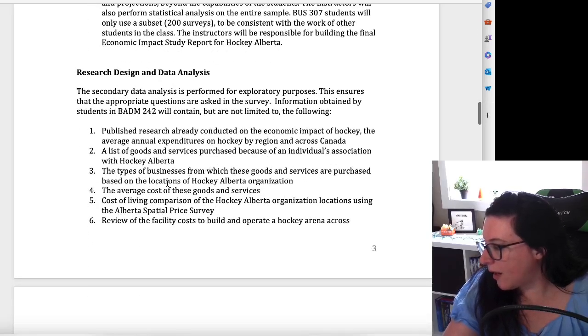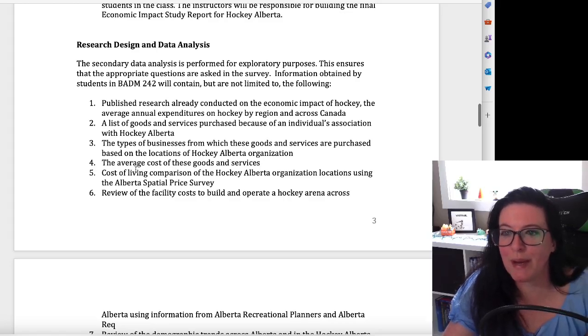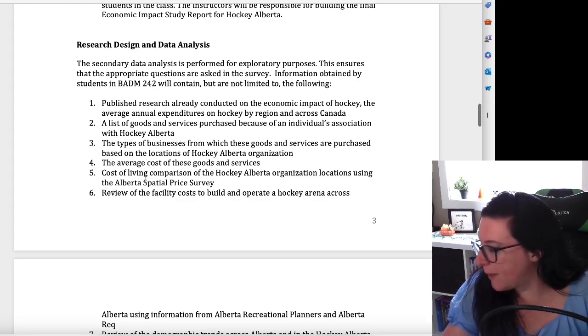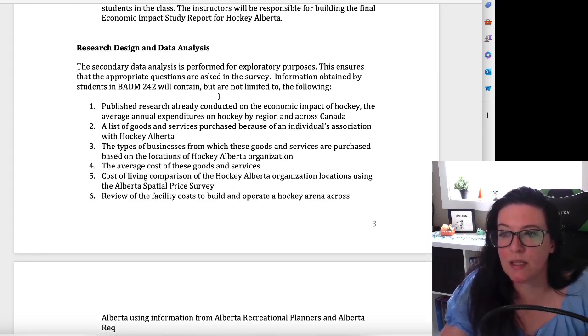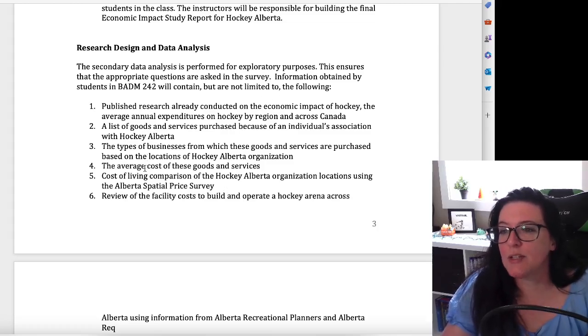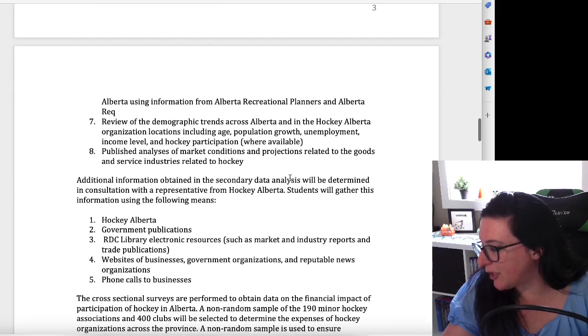And so here the secondary data analysis is going to include these particular sources of information. We're looking at measures of cost of living with the Alberta Spatial Price Survey. We're looking at published research related to the economic impact of hockey, maybe in other locations. And so these are the sources we're going to use for that particular information.